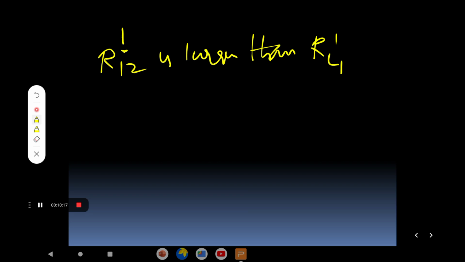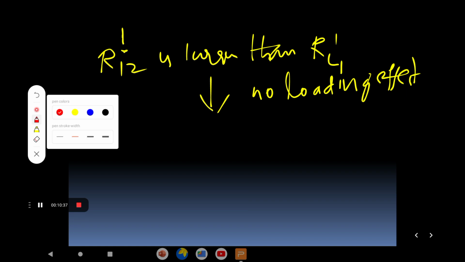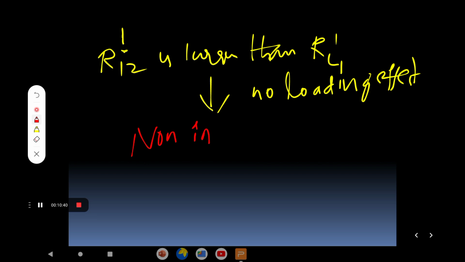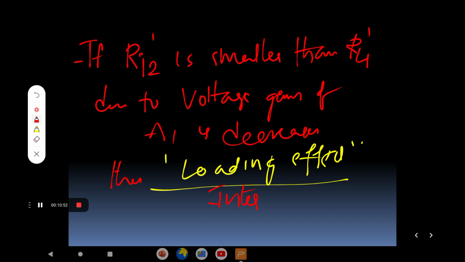Those amplifiers are generally called non-interacting amplifiers. In the first case, where there is loading effect, those amplifiers are generally called interacting amplifiers.